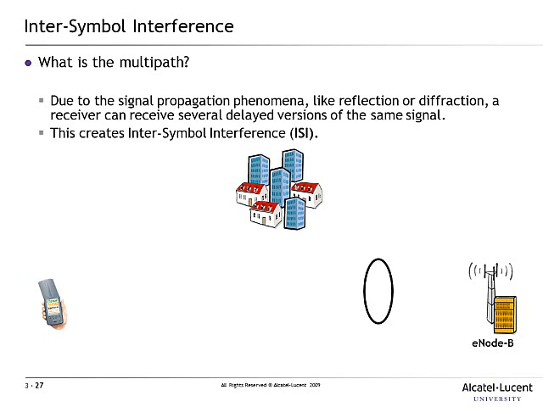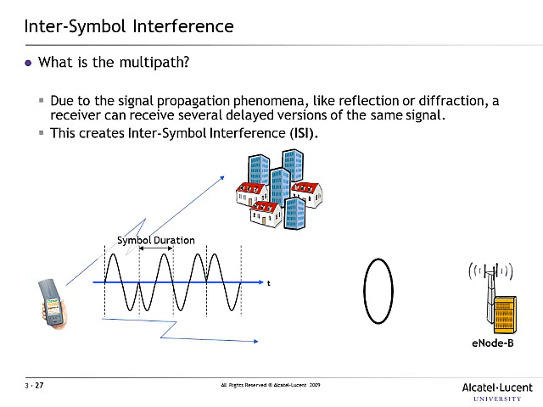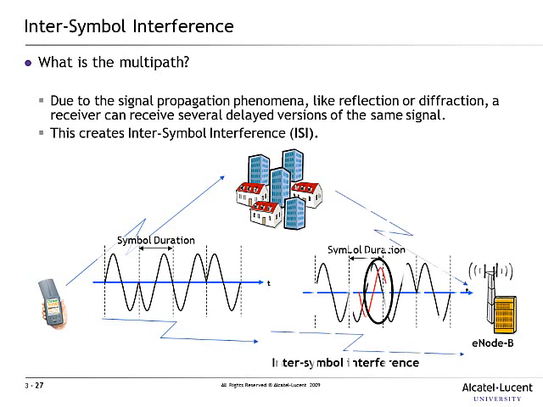So what is the possibility that one symbol from one UE does not affect the next symbol from the same UE? The main reason why we have this is because of multipath. Often you have a direct path between the UE and the E node B, but you also have a reflected path. When we have a direct path and a reflected path, we have a phenomenon called multipath occurring.